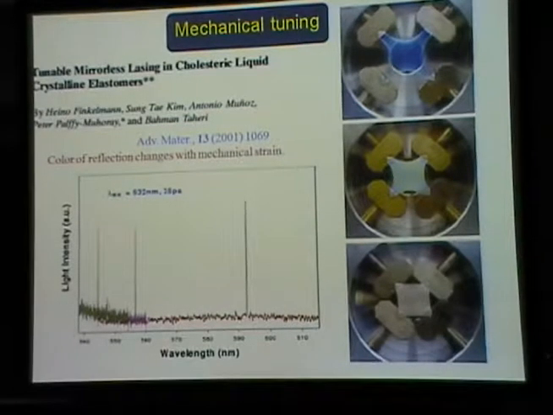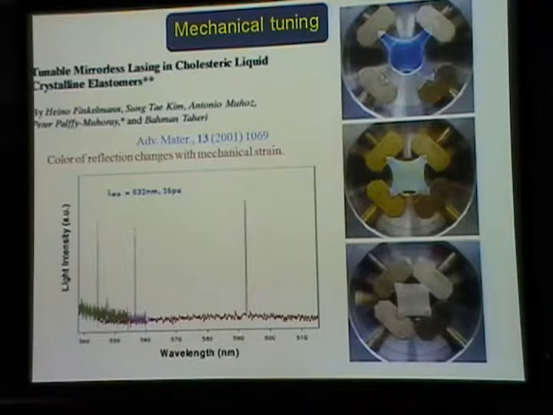This is also a very famous paper using elastomer. This group used a dye-doped elastomer. By stretching the elastomer film, the film becomes thinner, and since the molecular orientation at the surface is fixed, the pitch becomes shorter.